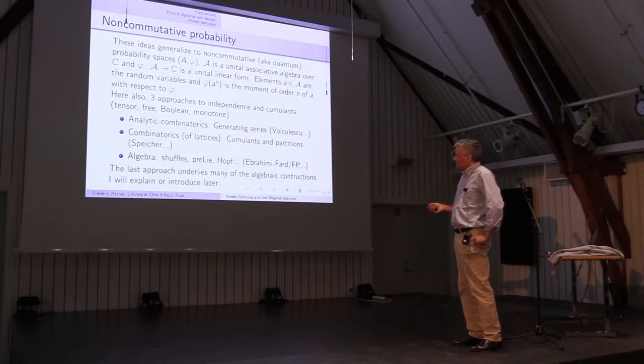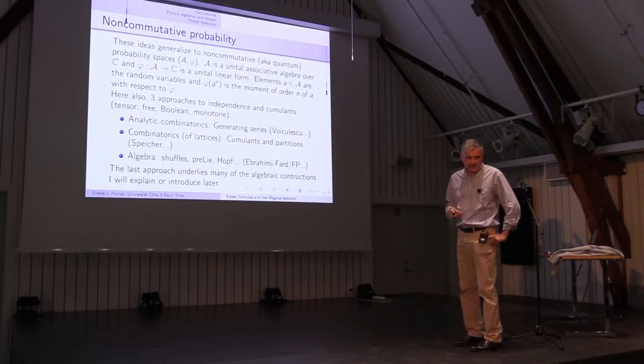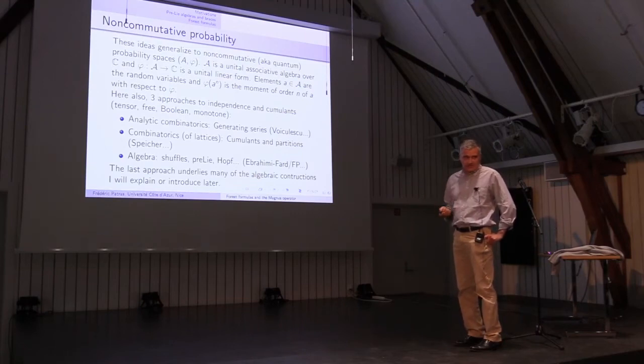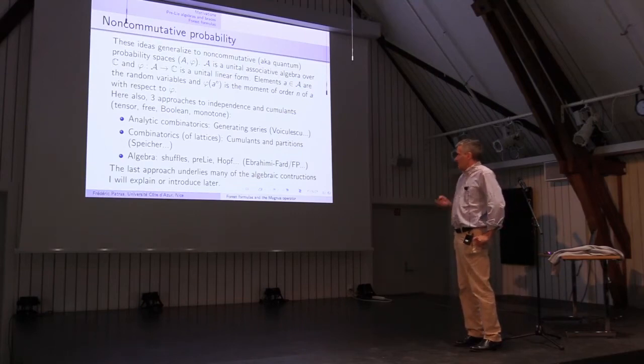So tensor probability, which is just the extension of the classical theory of probability to the case of operators or associative algebras. And then there are three new theories that appear, whose combinatorics is different from the one of classical probability and tensor probability. They are called respectively free, Boolean, and monotone probabilities.